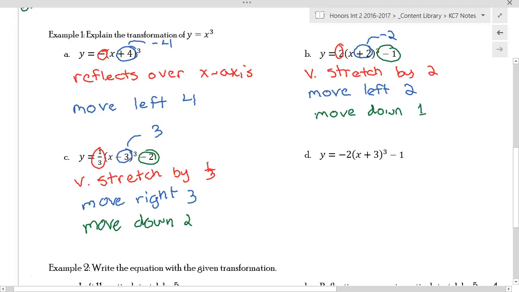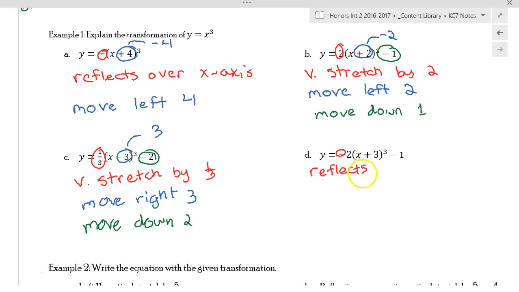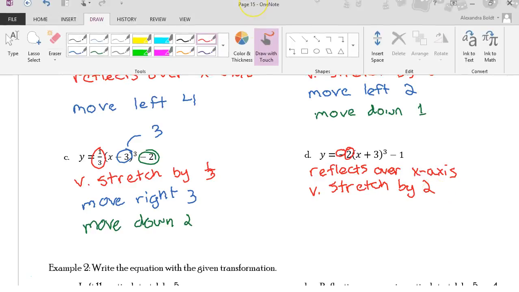Alright. This one, we have several different things. I have the negative. The negative is different from the number, so reflects over x-axis. The 2 means it's a vertical stretch by 2.